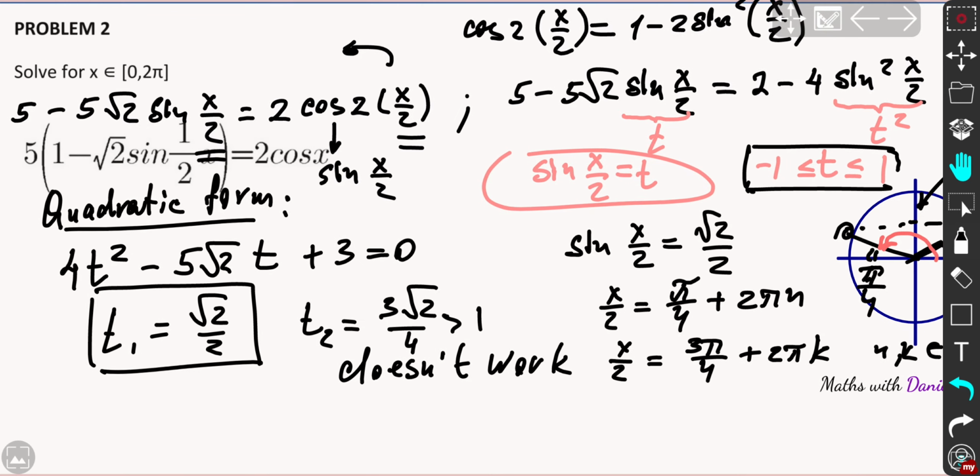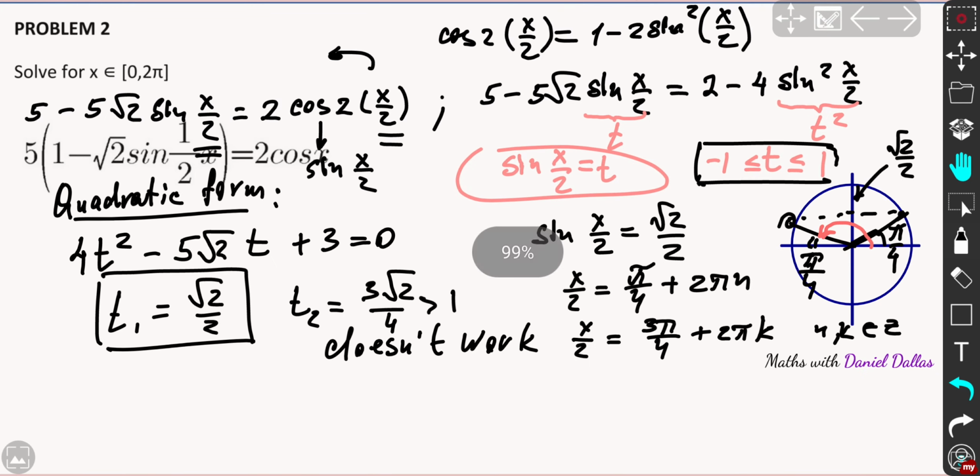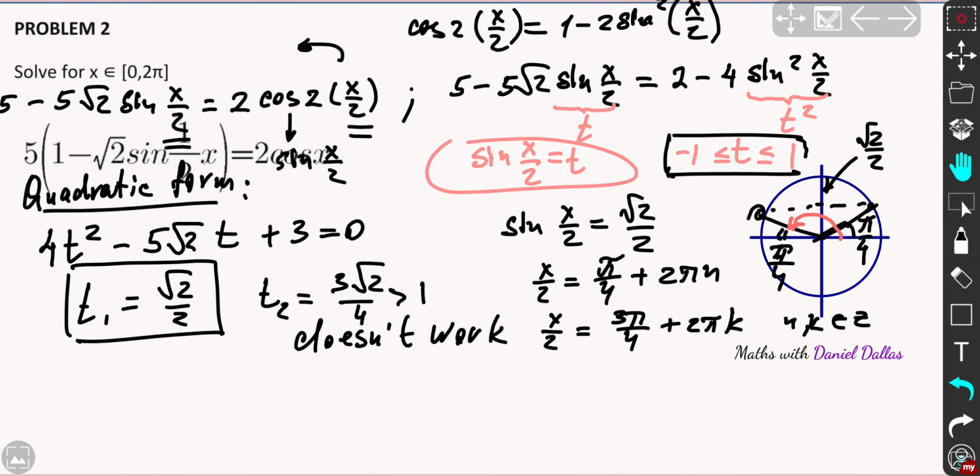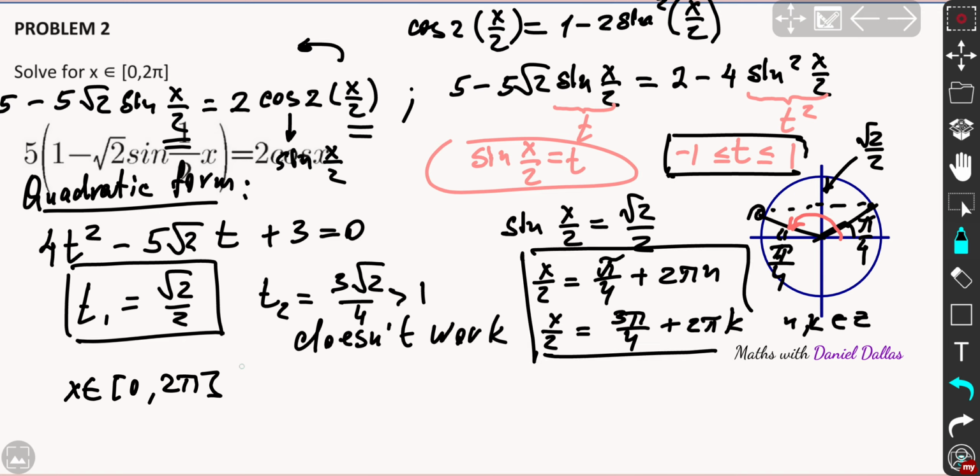Okay, so right now I'm going to use our limitations for x. So x from 0 to 2 pi. Take into account that x is from 0 to 2 pi. First of all, I need to express x from here, and only then can I decide which value fits our range.